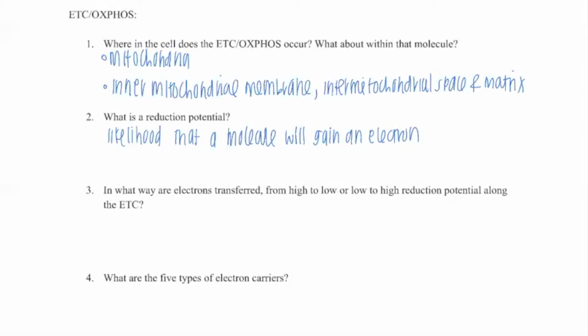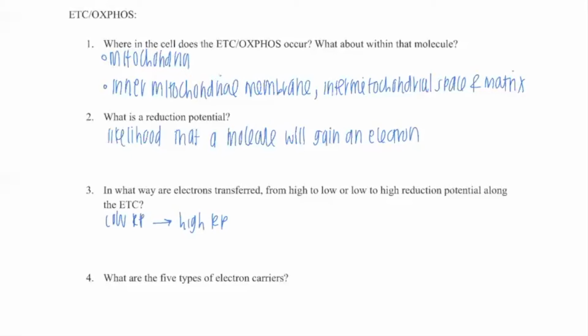So now going to the third question, in what way are electrons transferred from high to low or low to high reduction potential along the ETC, right? So electrons are going to be transferred from a molecule that has a low reduction potential to a molecule that has a high reduction potential. So from low reduction potential to high reduction potential.